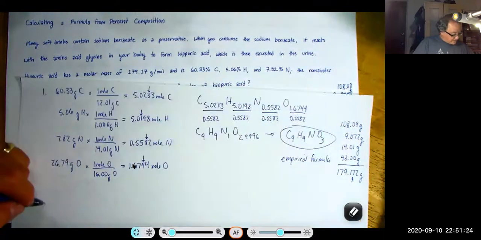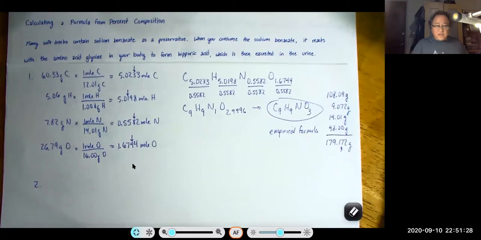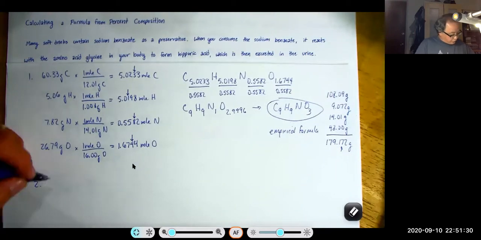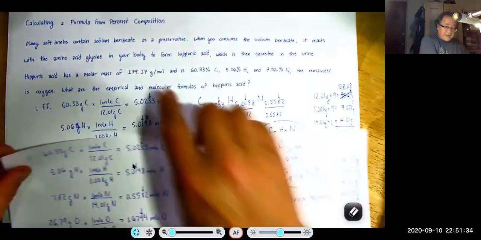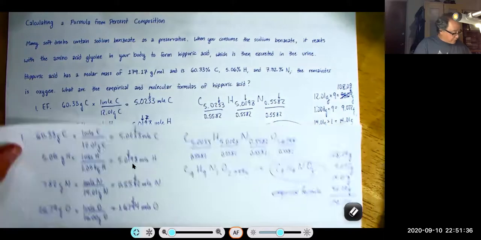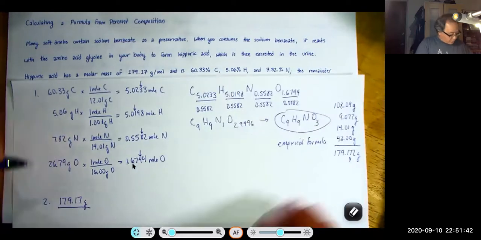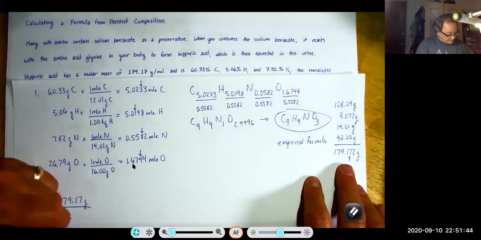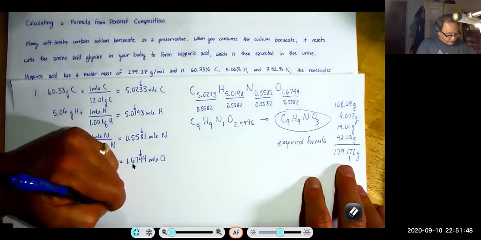So to get the molecular formula, we take the given here, 179.17 grams per mole, divided by the 179.17 that we have here, and we get 1, and that's our multiplier.